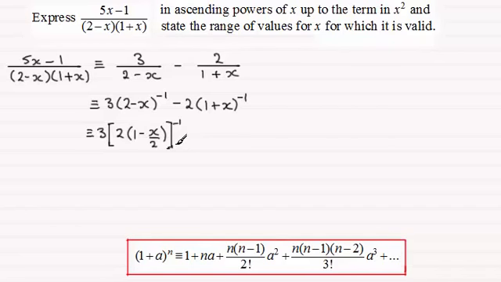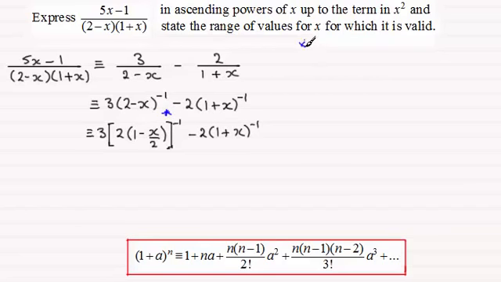The other bracket is fine, so we'll just leave that as it is, 2 times 1 plus x to the power minus 1. Now, when you've got something like this, we need to simplify it further. Let's just put a little blue star over this, and we'll come to this term here.